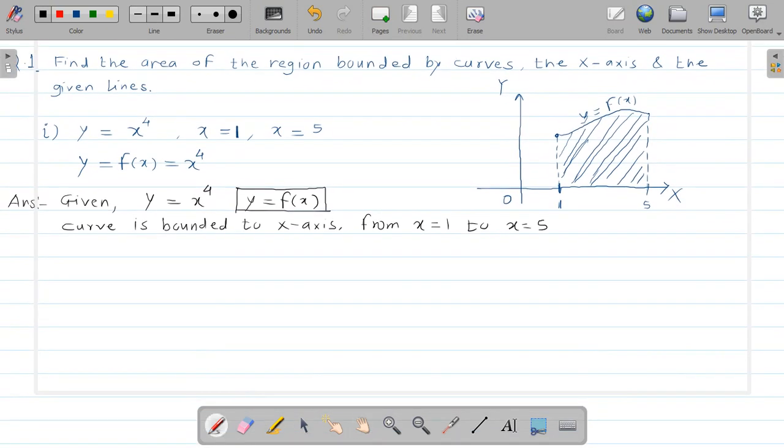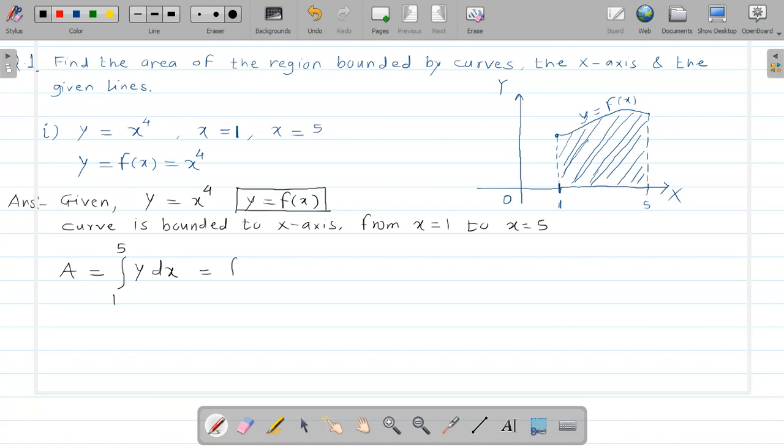Now to get the area of the shaded region, we write area A is equal to, by application of definite integration, the integration from 1 to 5 of function y with respect to x. See, area A is equal to the integration from 1 to 5 of y dx.